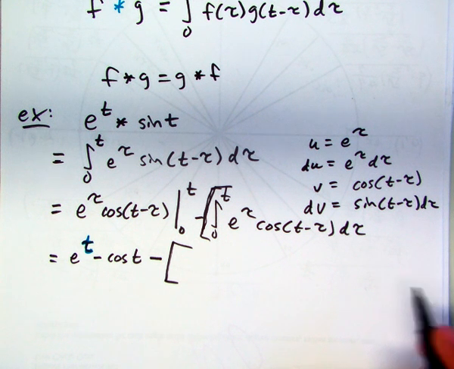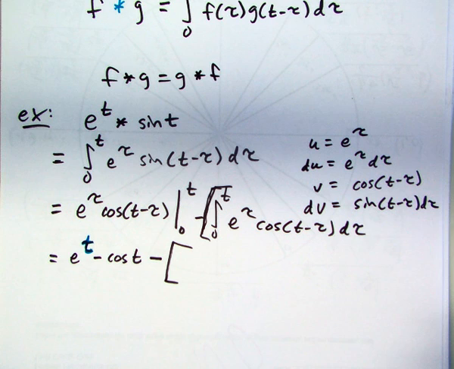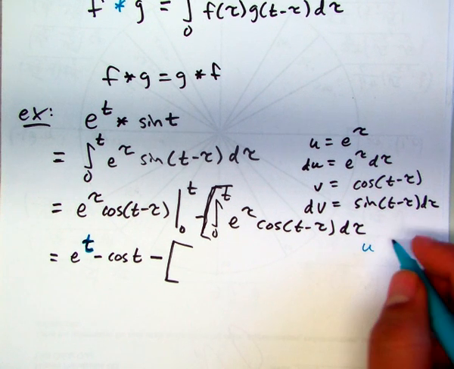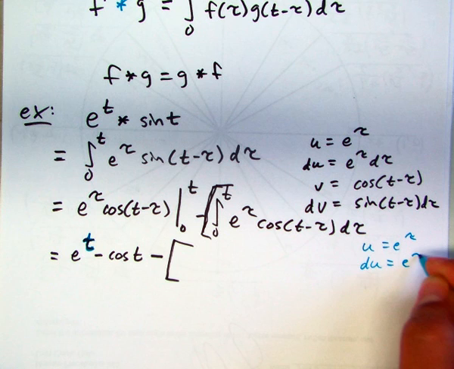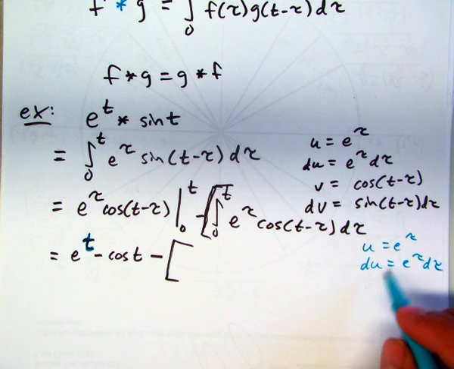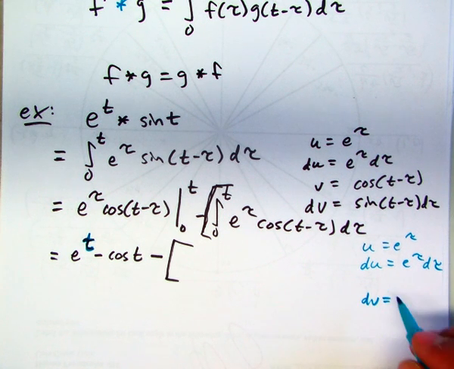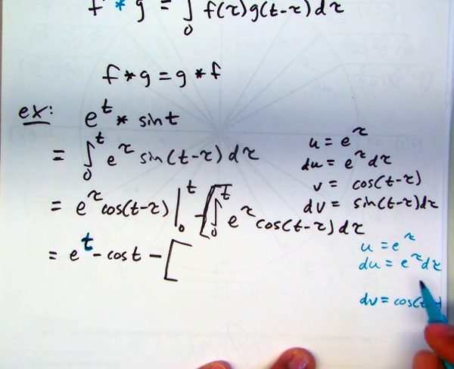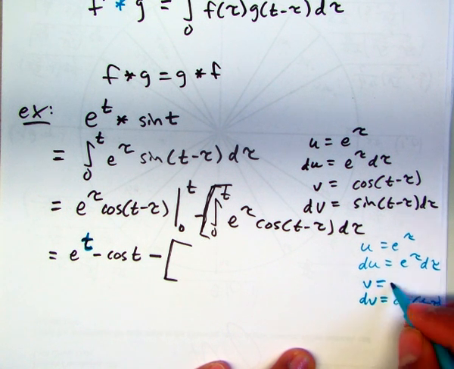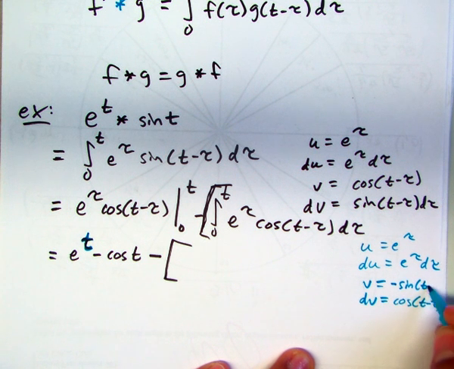I'll do the same thing. u is going to be e to the tau, so then du is e to the tau d tau. dv will be cosine of t minus tau, so then v will be negative sine t minus tau.